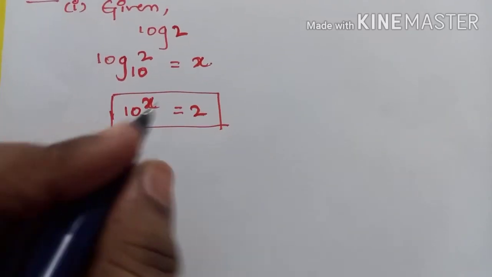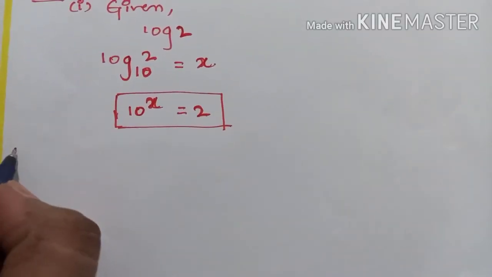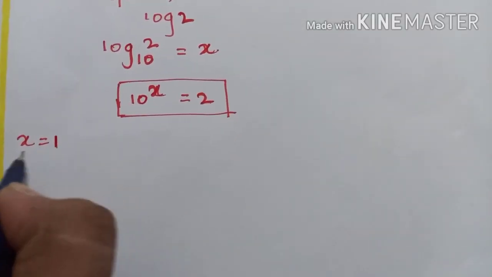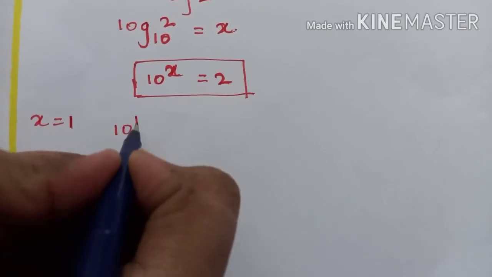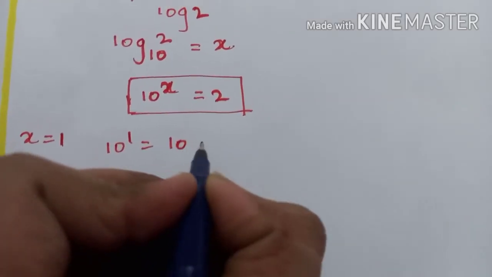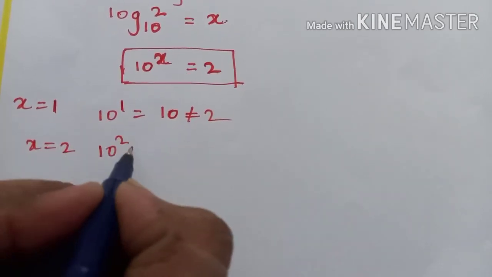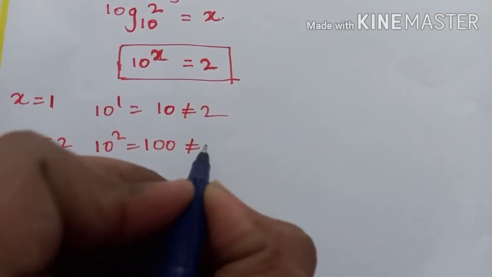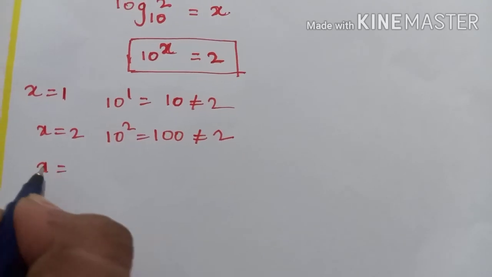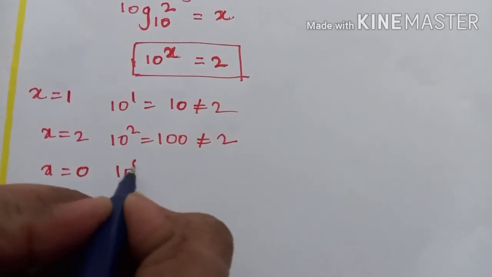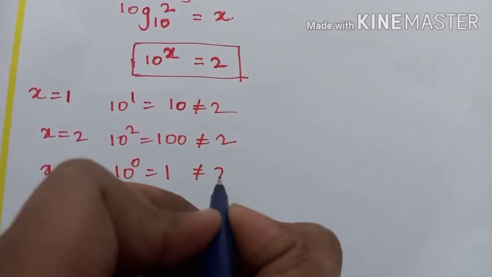So check it, it is not possible at all. If you want, you can check it. If x is 1, 10 power 1 is 10, which is not equal to 2. If x is 2, 10 square is 100, also not equal to 2. If x is 0, 10 power 0 is 1, which is not equal to 2.